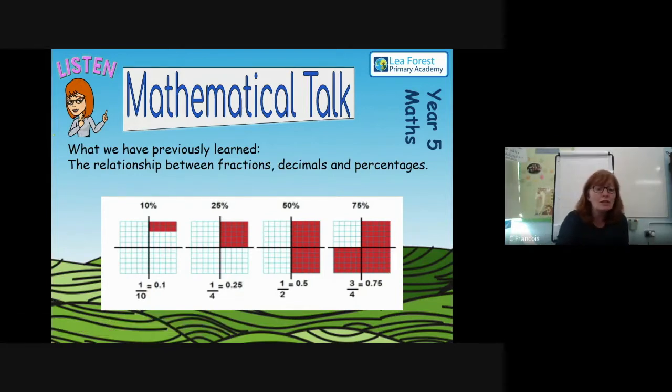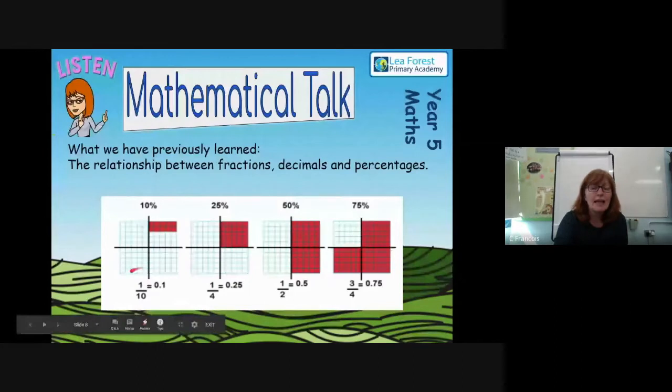So we've got 10 parts out of 100, 10%. 25 parts out of 100, 25%. 50 parts out of the 100, 50%. And 75 parts out of the 100, 75%. And these are their fraction and decimal equivalents. And that is what we have previously learned.